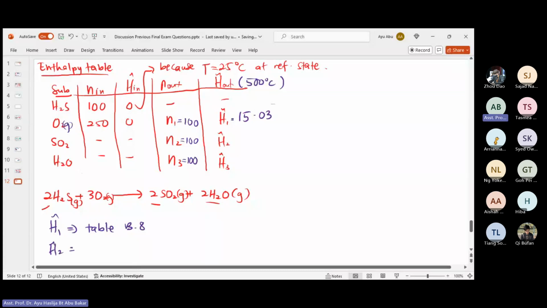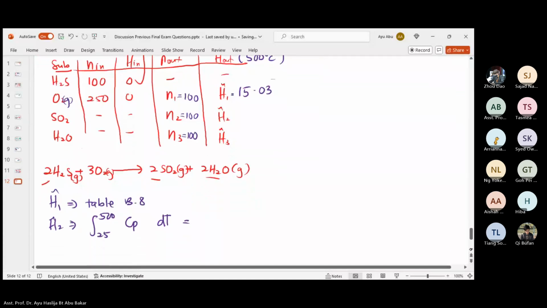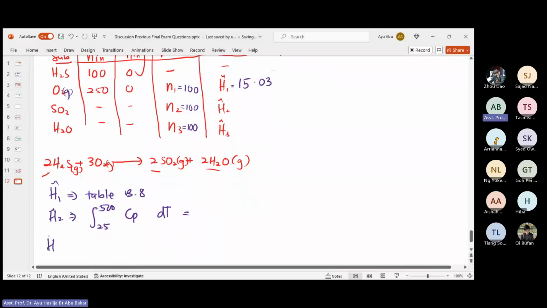Now H2 is for SO2 at 500 degrees C. This one you need to use table B2, utility from 25 to 500. H3 for H2O, this one also can be obtained from table B8.